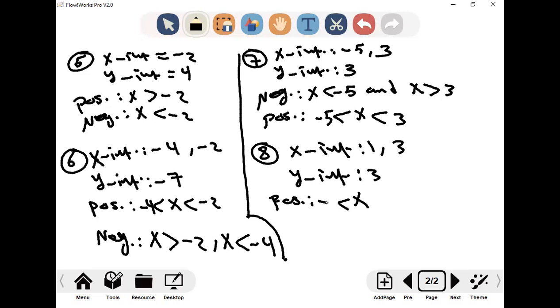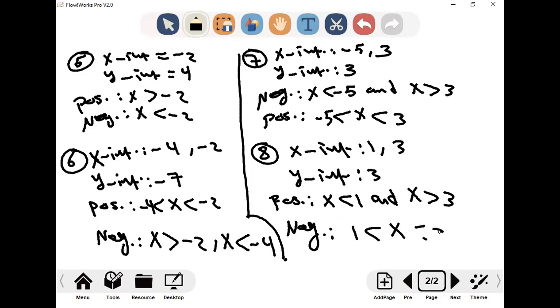No, x less than, sorry. Question 8, positive when x less than 1 and x more than 3. Negative when x is between them, more than 1 and less than 3 at the same time. This is question 8.